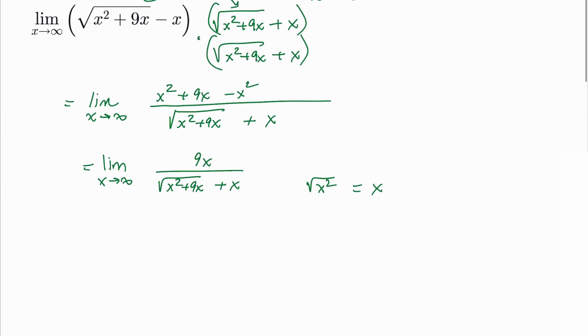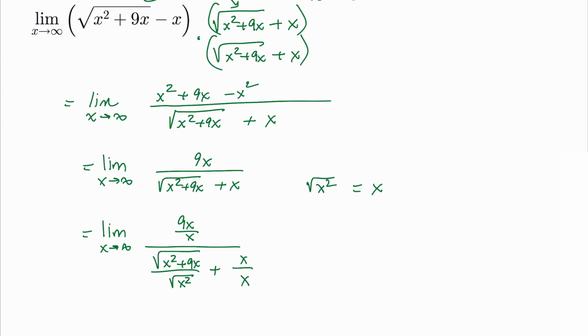So we're going to use each one as it's relevant. So I'm going to divide 9x by x. I'm going to divide the square root by the square root of x squared. And I'm going to divide x by x. And remember, the x squared under the square root and x are the same because x is positive. Okay, we're going to positive infinity.